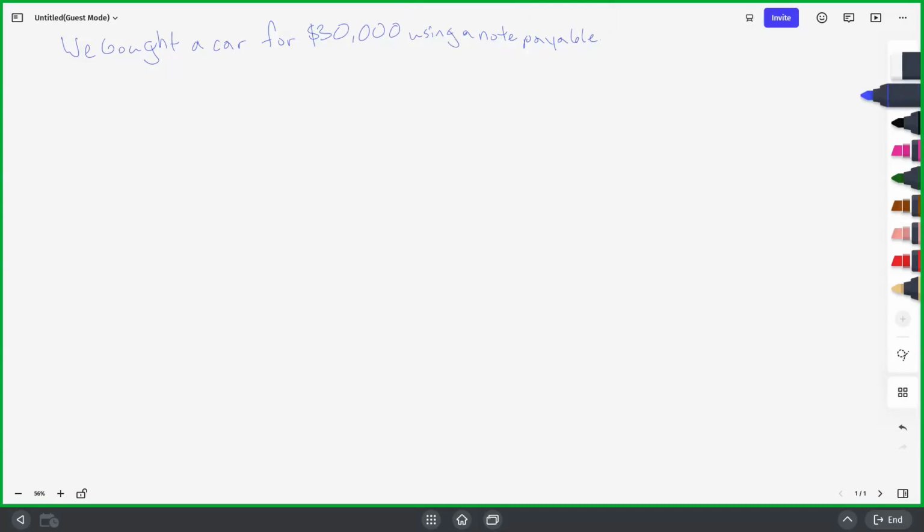What I want as well is the journal entry to record the issuance of the note and at least the first journal entry to pay for that interest.